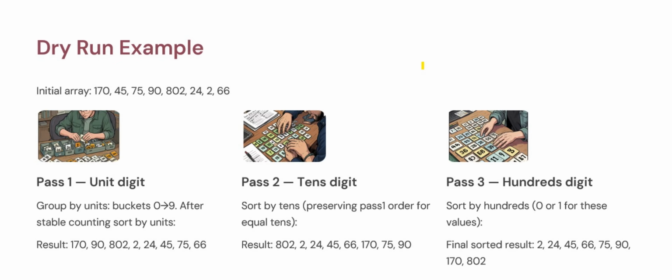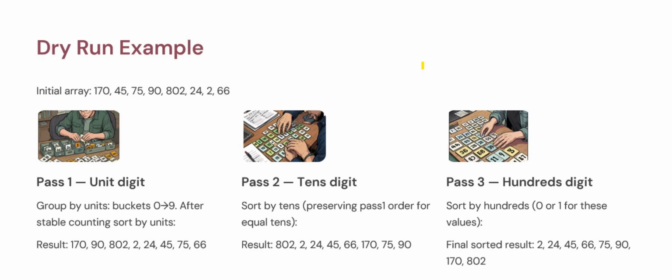We look at just the last digit of each number. 0 in 170, 5 in 45, 5 in 75, 0 in 90, 2 in 802, 4 in 24, 2 in 2, 6 in 66. We group them into buckets 0 through 9 and read them back out stably. Result: 170, 90, 802, 2, 24, 45, 75, 66.